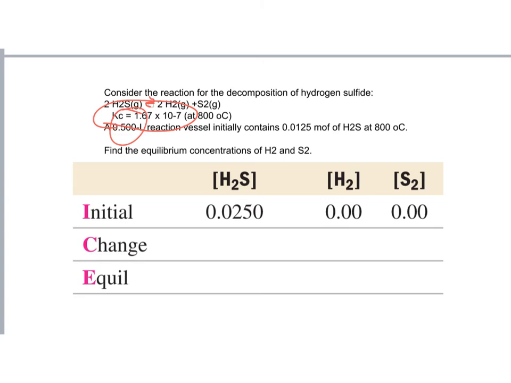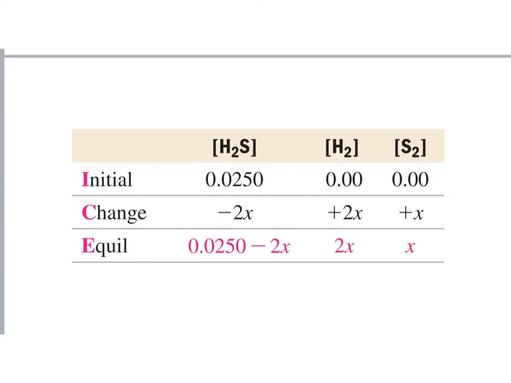So in this case, you know that the direction is going to be minus 2x, plus 2x and plus x, right? And so in the equilibrium condition, it's 0.0250 minus 2x and plus 2x and x. And plug all that in and set it equal to Kc, and you could solve for the x.